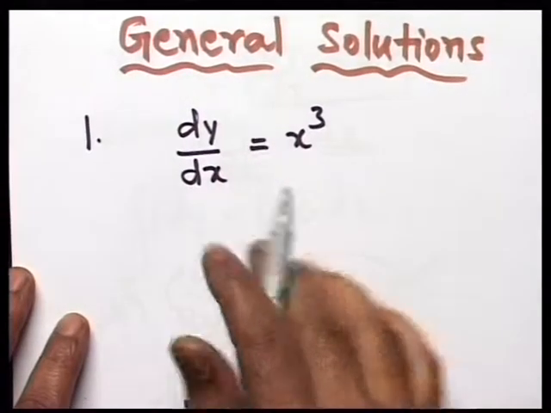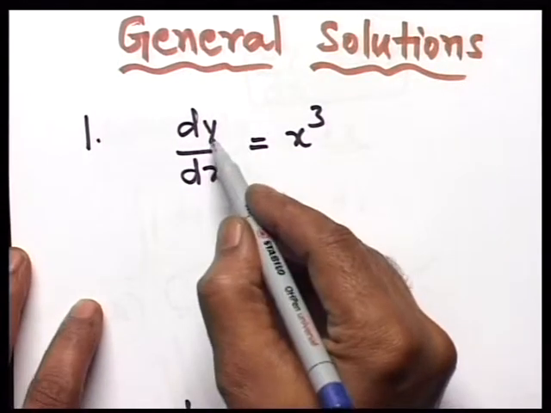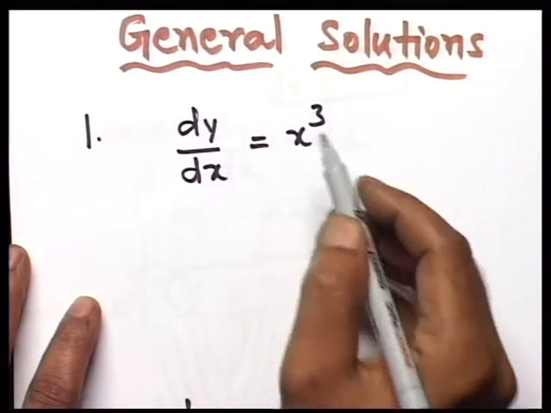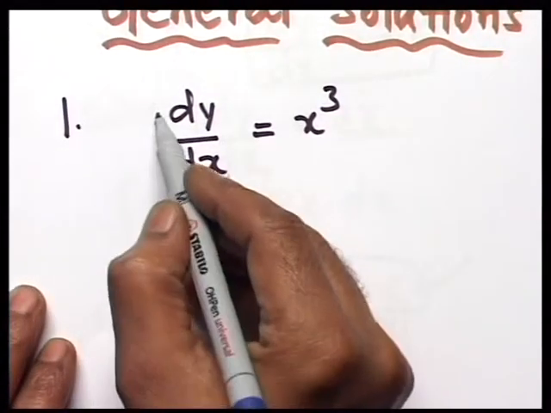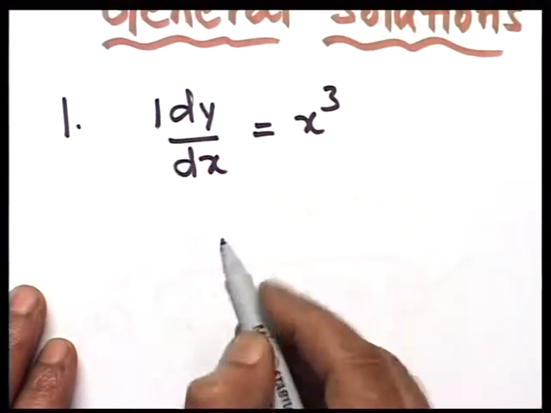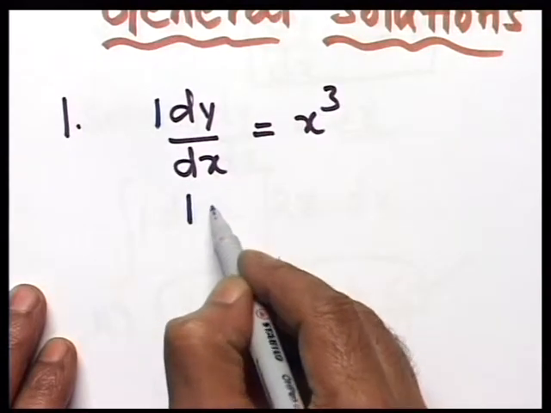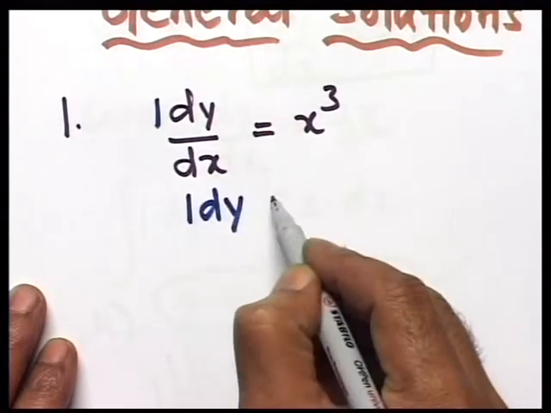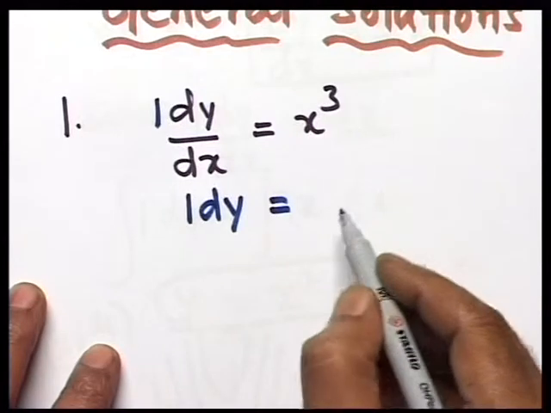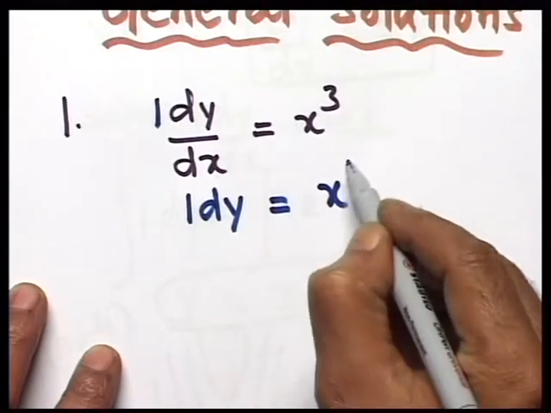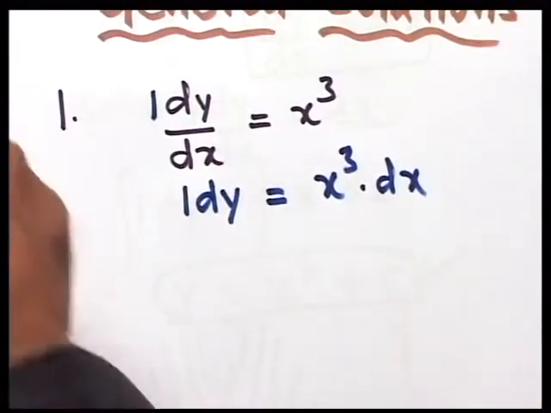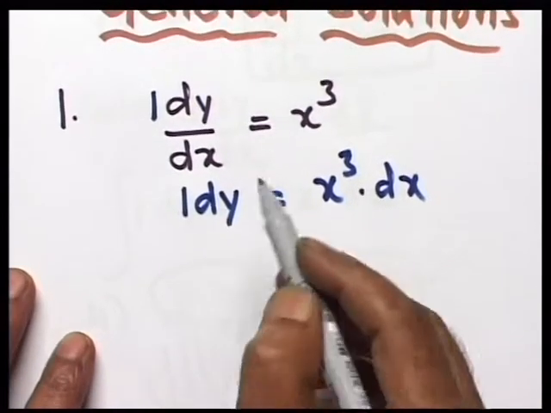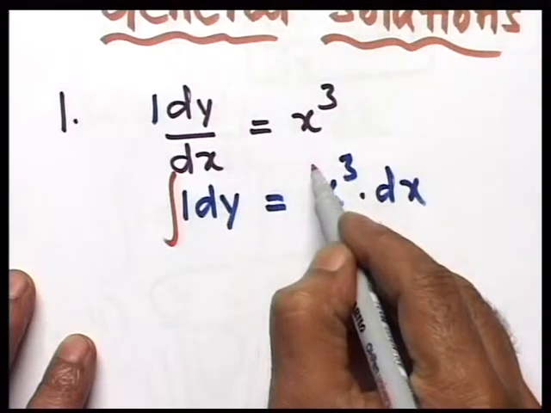Question number 1 is on the screen. That's dy over dx equals x cubed. That's all we have, right? So no number in front means that's 1. So we keep the 1 dy on the left hand side and transfer the dx to the right hand side. So it's x cube and dx. Once we get that, we say integrate on both sides.